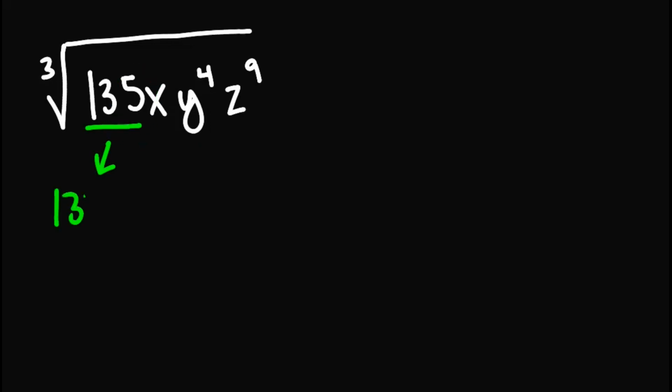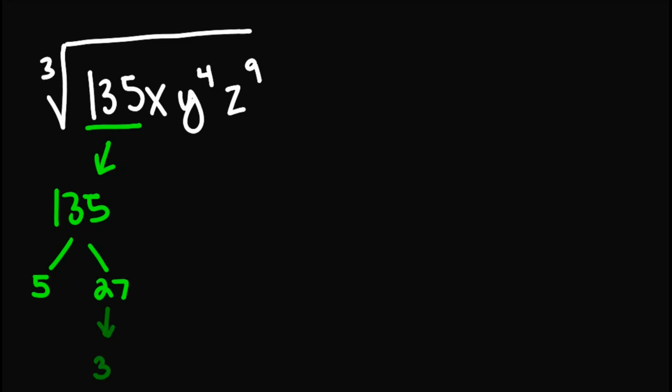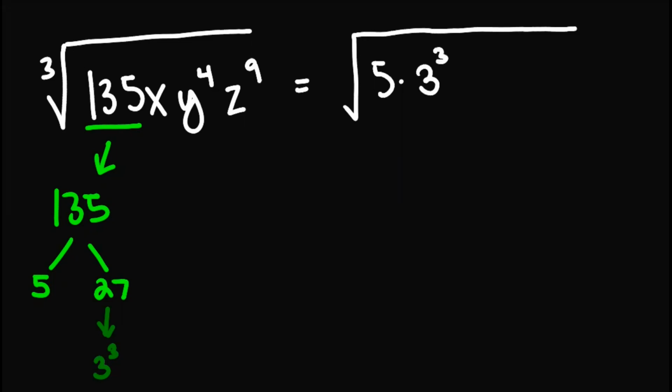So we'll have here 135 divided by 5, which gives us 27. Then note that 27 is equal to 3 cubed. So we can write this one as 5 times 3 cubed.